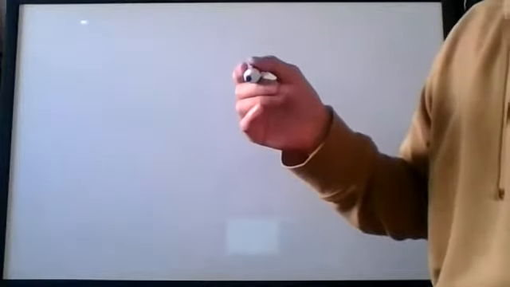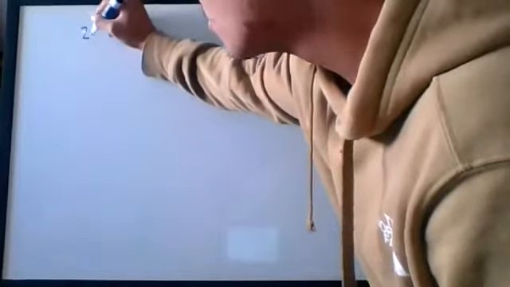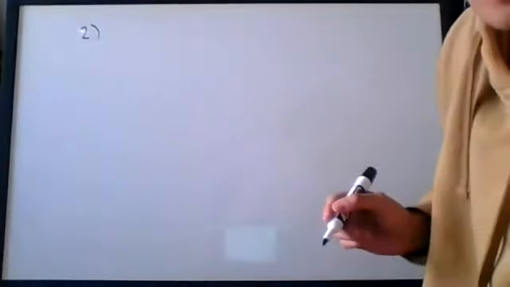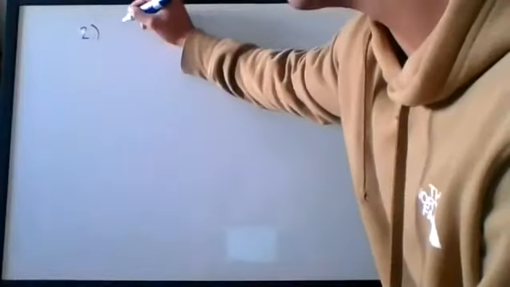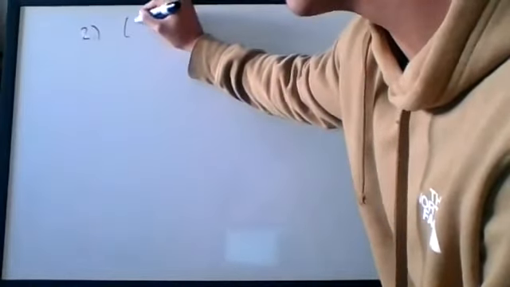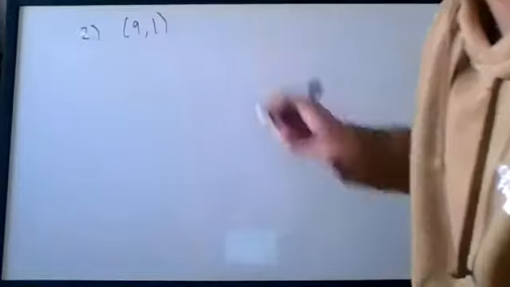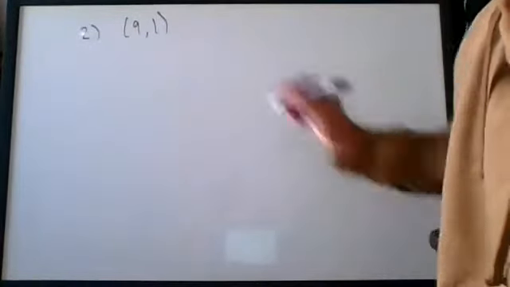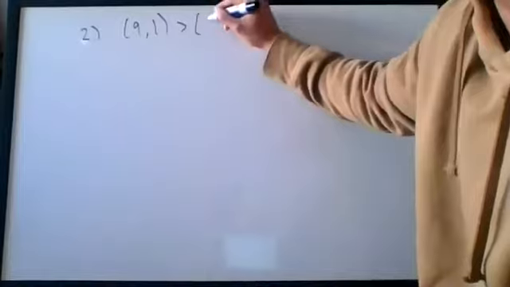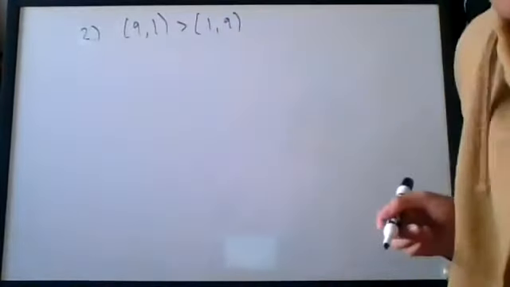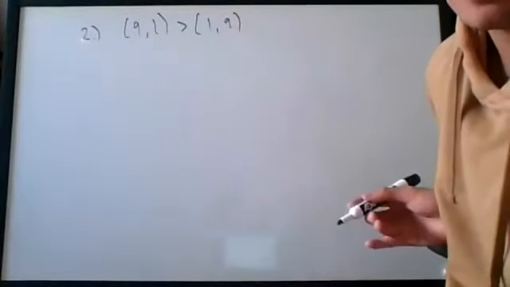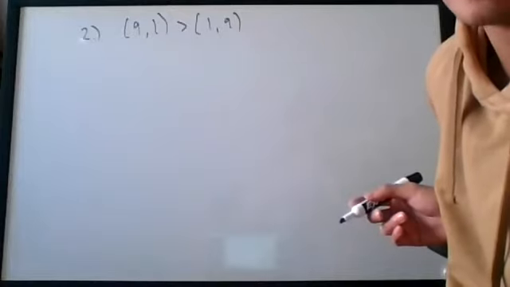Question 1 is pretty straightforward. In question 2, the input bundle 9,1 produces more output than 1,9, and so we have to find a production function that matches that.